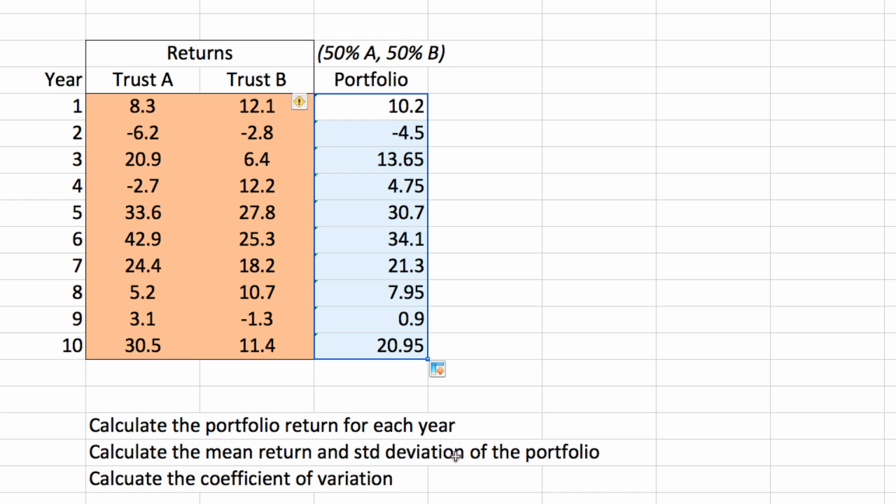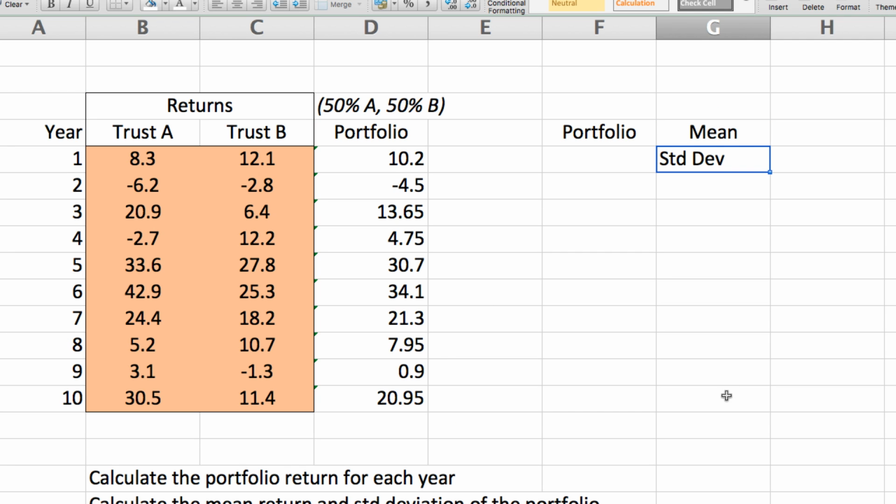Calculate the mean return and standard deviation of the portfolio. Okay, so let's do this. I'll go portfolio mean, standard dev. Now, we saw how to calculate the standard deviation and mean in the previous example.